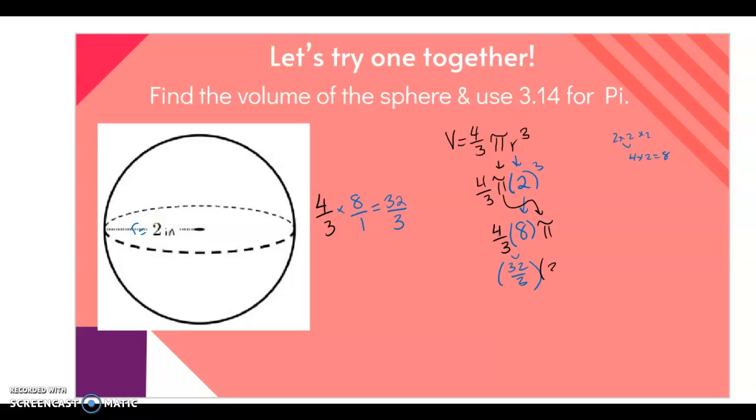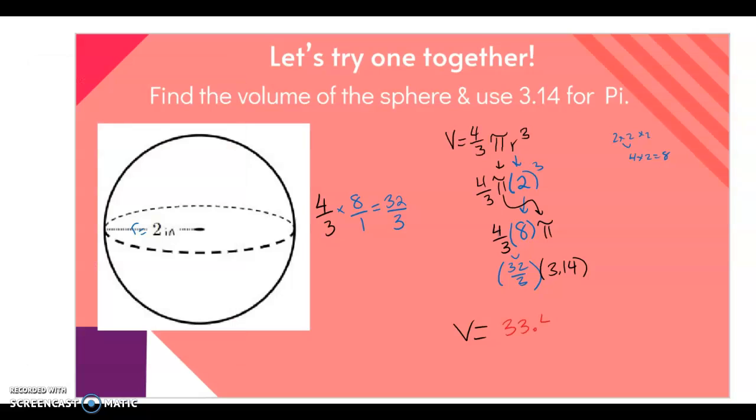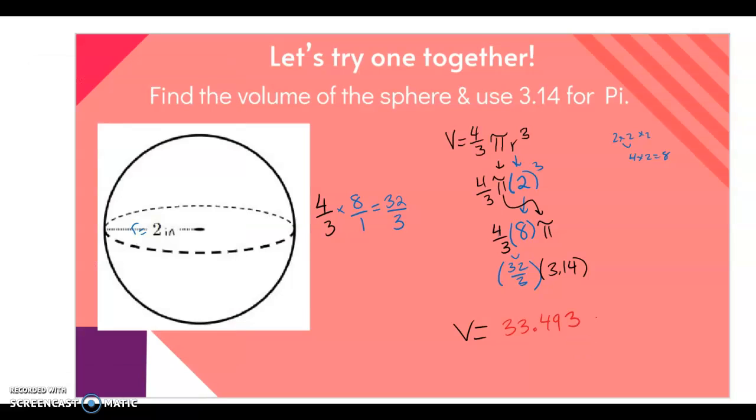So we took that and multiplied by 3.14 to get a final volume of 33.493, repeating forever. So it doesn't specifically say where to round, so I'm going to round to the nearest 10th here. This 9 is actually going to make that 4 turn into a 5. So I essentially have 33.5 inches cubed.